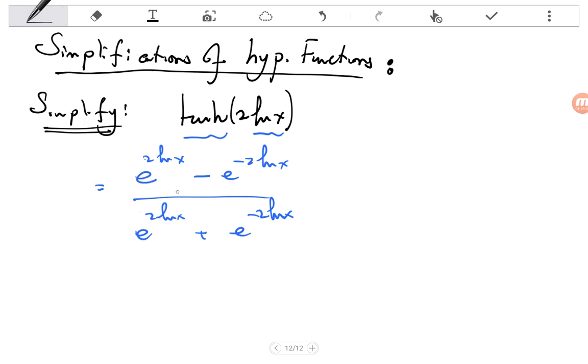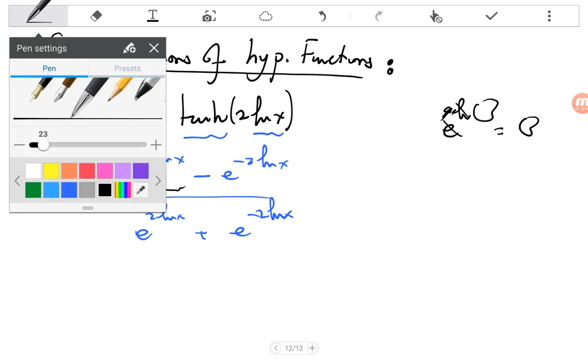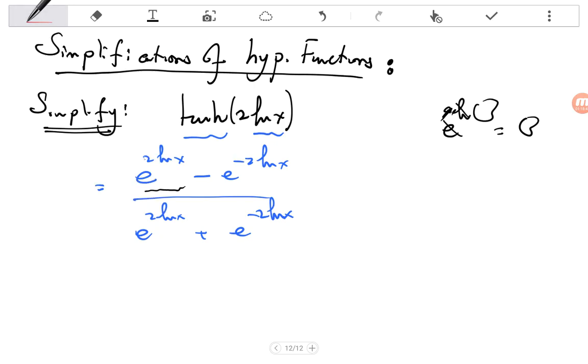How would I simplify this expression? We learned before that exponential of ln of something would just give me that something. But that was a direct operation. Okay, if e just operates on the ln without any separators between them, we don't have a number here, for example, or I don't divide by a number, it is just a direct operation.